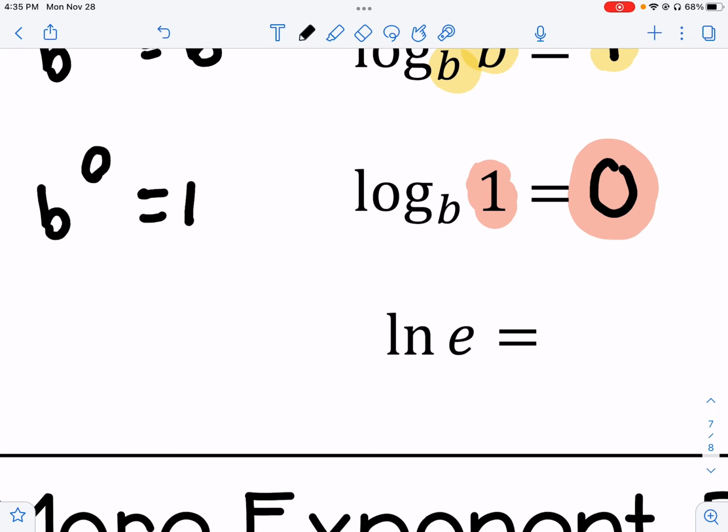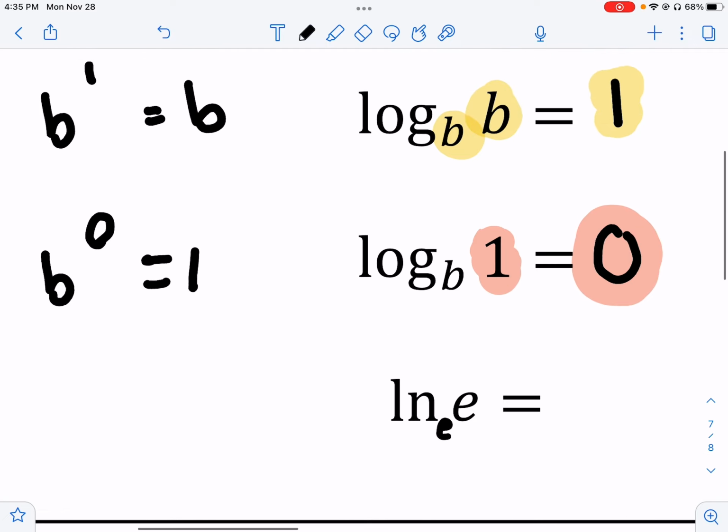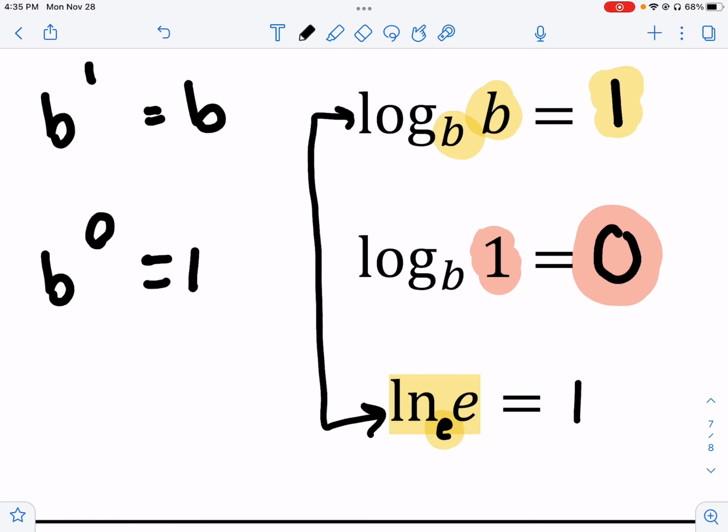So let's look at this one. Here, when we see that it's an ln, we need to recognize that the base is also e. Well, if I look at this a little bit more carefully, it's what we have above. The base and the argument are the same, and so therefore this is also going to equal 1. These two are really the same property.